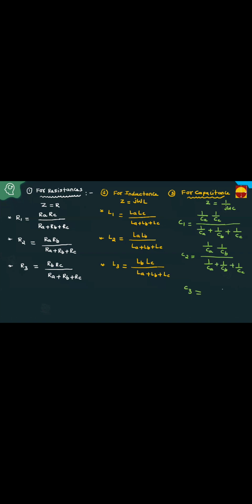Yes, students, this is the C2 calculation, and this is the C1 calculation. How to calculate C3? C3 equals 1 by CB into 1 by CC, by 1 by CA plus 1 by CB plus 1 by CC. These are the delta to star conversion formulas for resistance, inductance, and capacitance. One observation here, friends. I'm giving a note point.